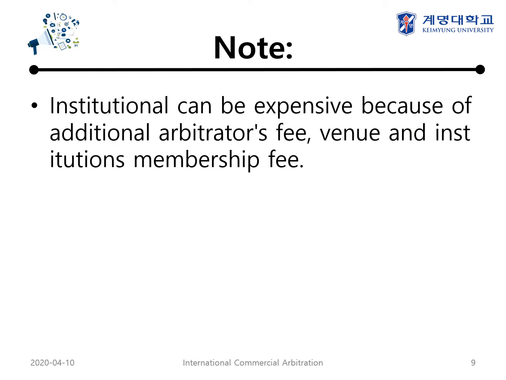But on the other hand, institutional arbitration can be expensive because of additional expenses like arbitrators' fees, venue, and institutional membership. Of course, you need to spend money on transportation. Okay? And the worst case is that the cost is more than the actual amount in dispute.